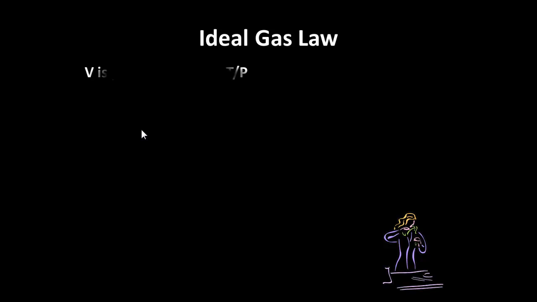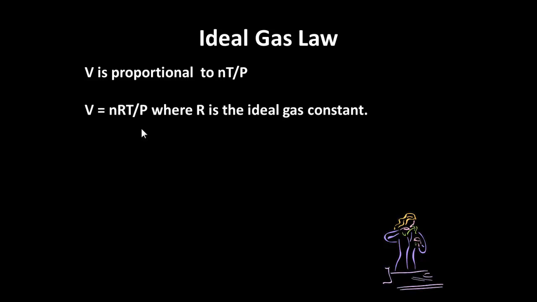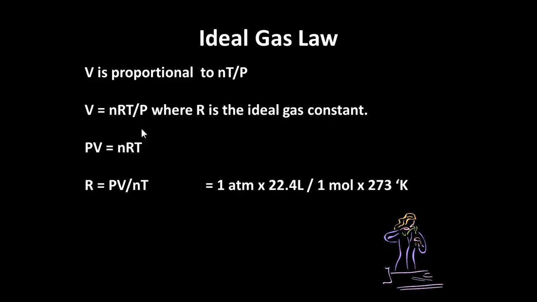Now, the ideal gas law states that V is proportional to nT divided by P, where n is the number of moles, and V equals nRT divided by P, where R is the ideal gas constant. Can rewrite that as PV equals nRT. Okay, so if we want a value for R, the ideal gas constant, it will be PV divided by nT.